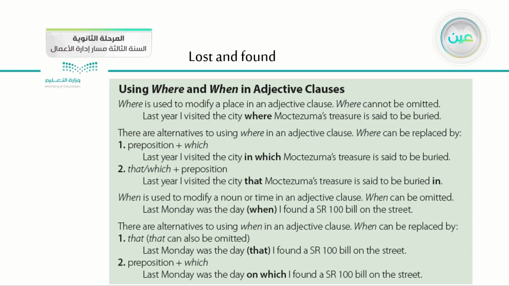So this is the example. As you see here, we have other alternatives to use when as an adjective clause. Of course, here we have that, which can also be omitted. As you see in this example, last Monday was the day that I found a 100 riyals bill on the street. Of course, we can have an alternative, which is preposition plus which.